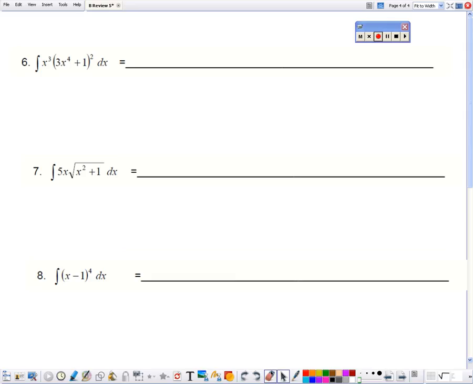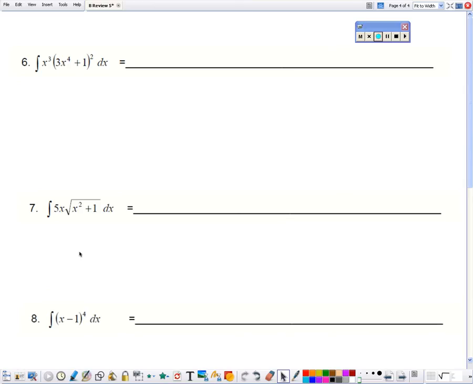Okay, number 6 works the same way. I'm going to let u be the 3x to the 4th plus 1, because then du dx is 12x to the 3rd. Well, I notice I have x to the 3rd dx. So I'm going to solve this for x to the 3rd dx, which is du over 12.